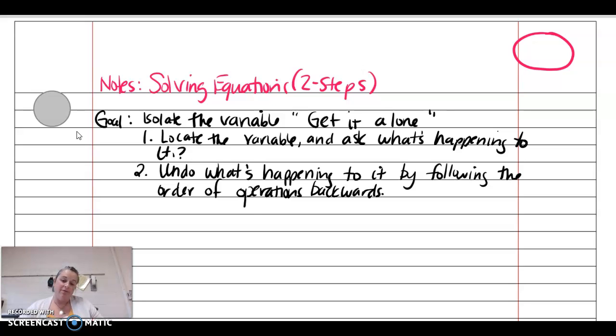So for example, if we do the order of operations as please excuse my dear Aunt Sally, normally we would do our parentheses first and end with addition or subtraction, but this time what I would like us to do is get rid of your subtraction and addition, then get rid of your multiplication and division, exponents and your parentheses. We're going to follow the order of operations backward by doing the opposite.